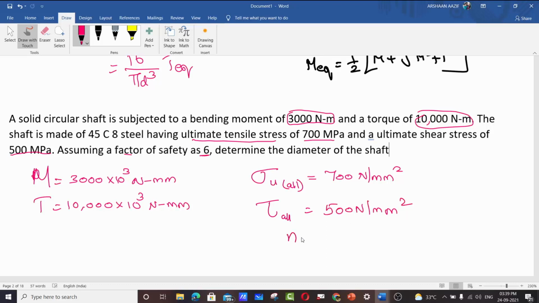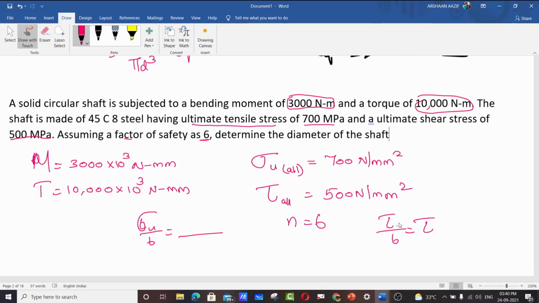The factor of safety is given as 6. So even though this is the value that the material can withstand, we will be using sigma u by 6 as the working stress, and tau by 6 as the working shear stress that we will be utilizing in the formula.